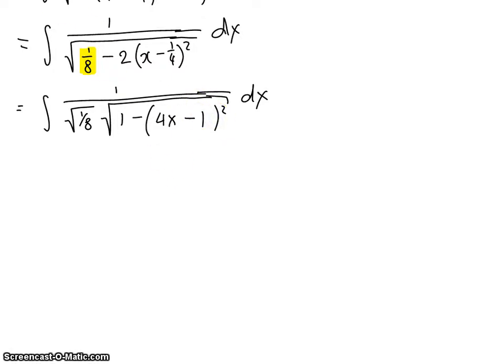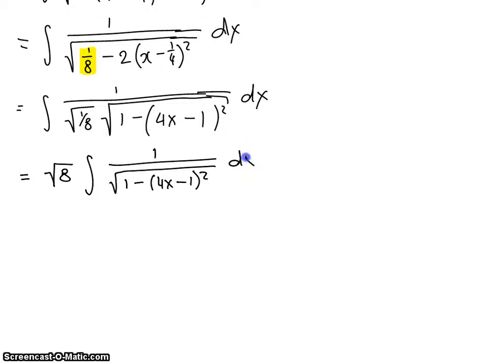So actually my expression's quite nice now. So, 1 divided by the square root of 1 divided by 8. That's actually just the same thing as square root 8 in the numerator. And then I get, so integrate 1 over square root of 1 minus 4x take 1 squared dx.